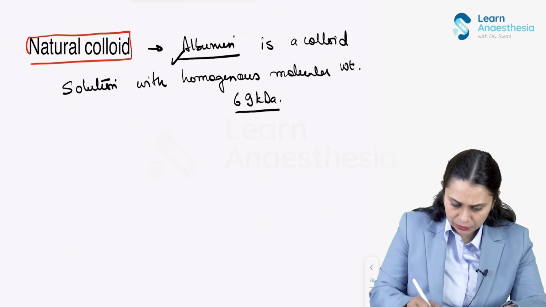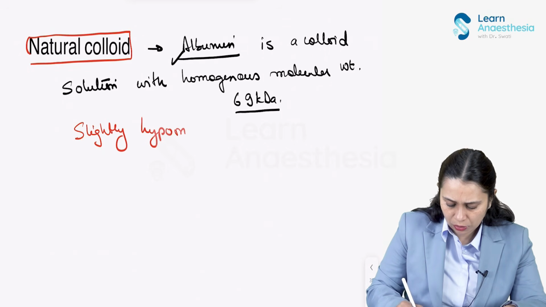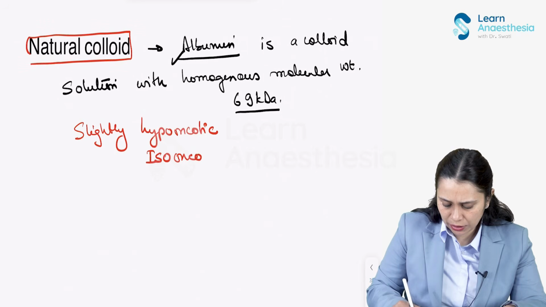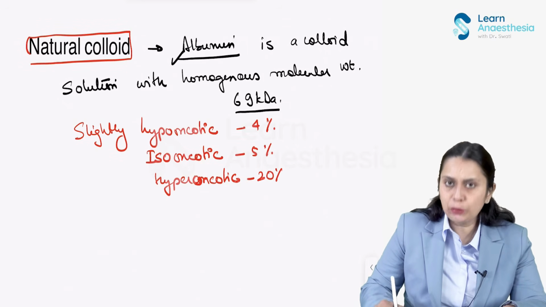And we have three types of albumin: slightly hypooncotic, isooncotic, or hyperoncotic. Hypooncotic is mostly a 4% solution of albumin, iso is 5%, and hyper is 20%.